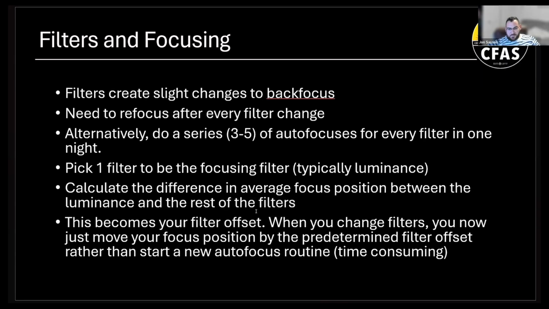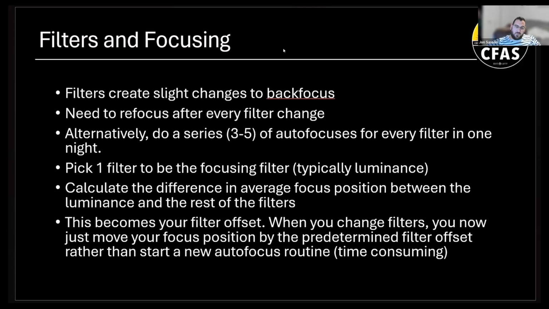And again, something like NINA, and I'm not sure, but I'm sure the ASIAIR will do it, have routines to automatically go through this exercise and calculate what the filter offset is for you. But if you need to do it manually, here's how you would do it. This is nice because based on your current focus point, you know where you would need to move when you change filters to remain in focus. So it saves you some time.